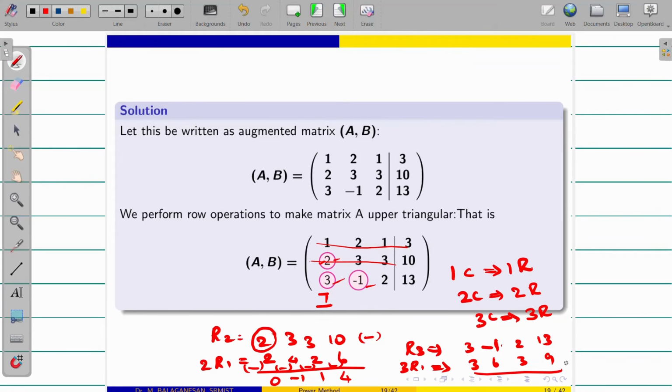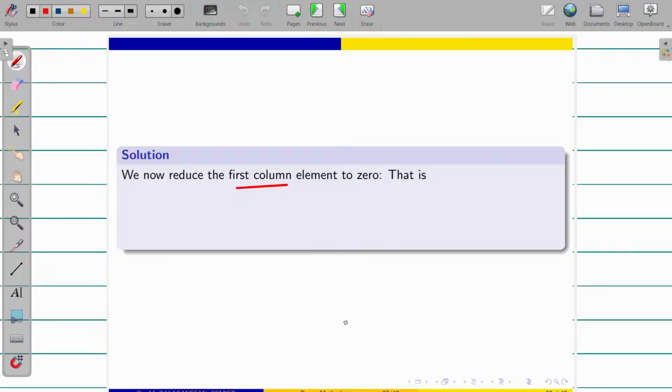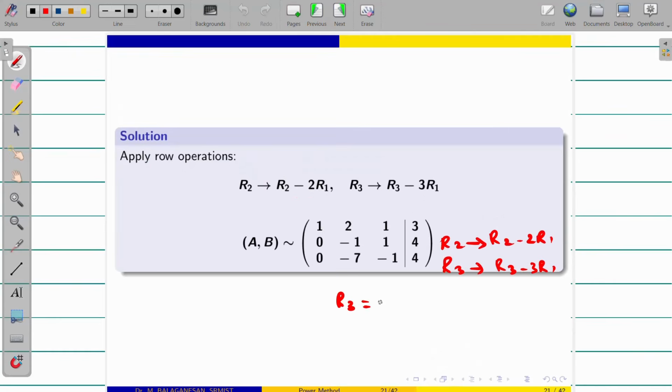So we have to subtract now. Subtract both. If you subtract both, we can get that answer that we are getting here. That's it. Clear? So subtract both, write the values here, and then R3 tends to R3 minus 3 into R1.